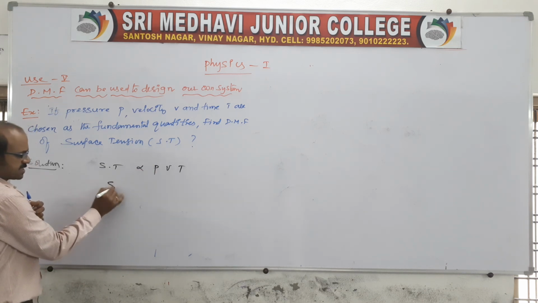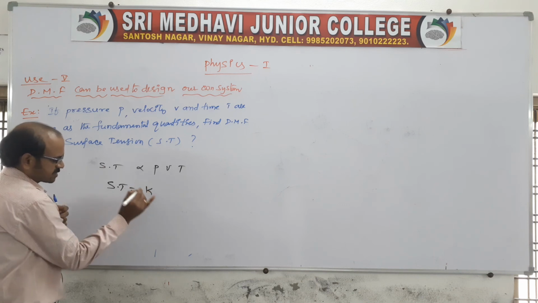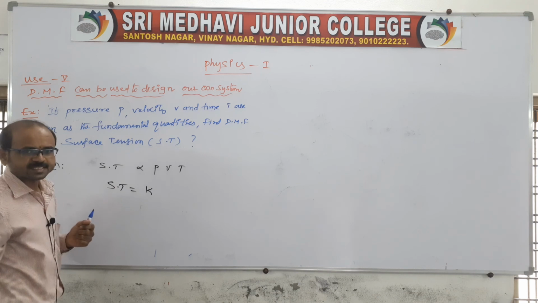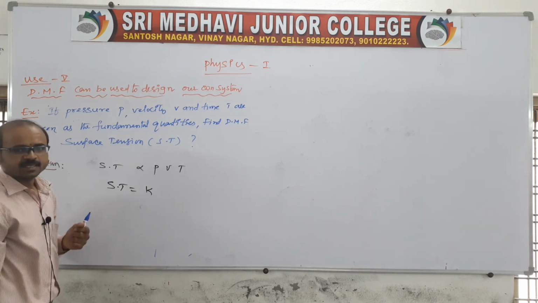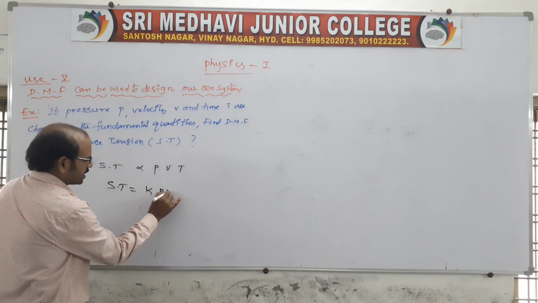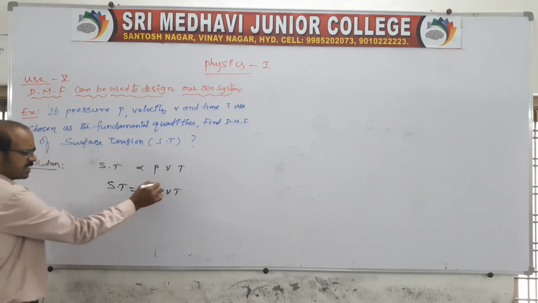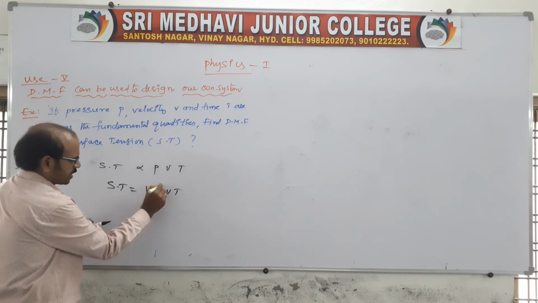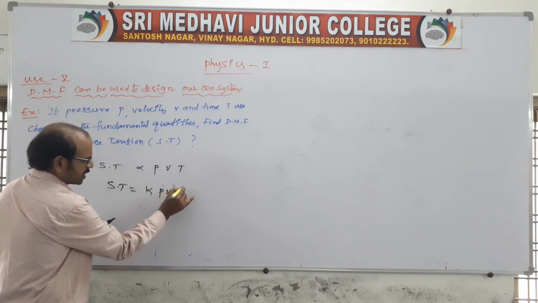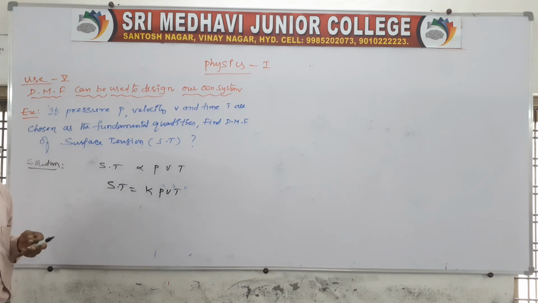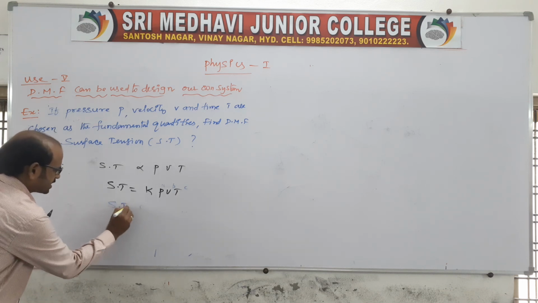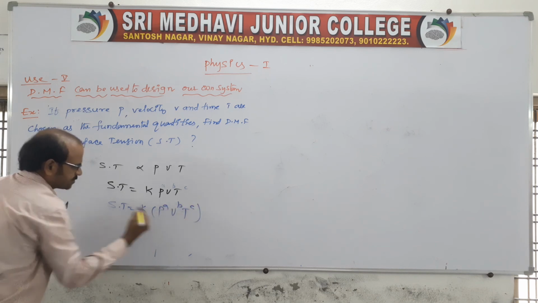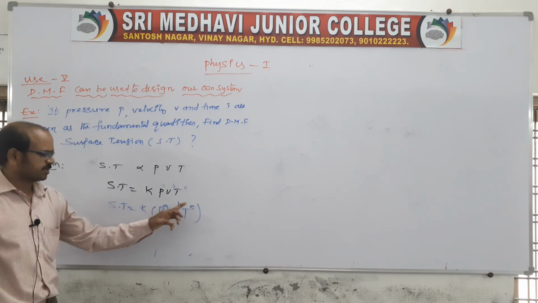So surface tension is equal to some constant. In the previous class I told you very clearly that we should introduce a constant. We call that constant K. Therefore, you take P, V, T with powers A, B, C. Therefore, surface tension is equal to K, P power A, V power B, T power C. Now again we have to find the A, B, C values.